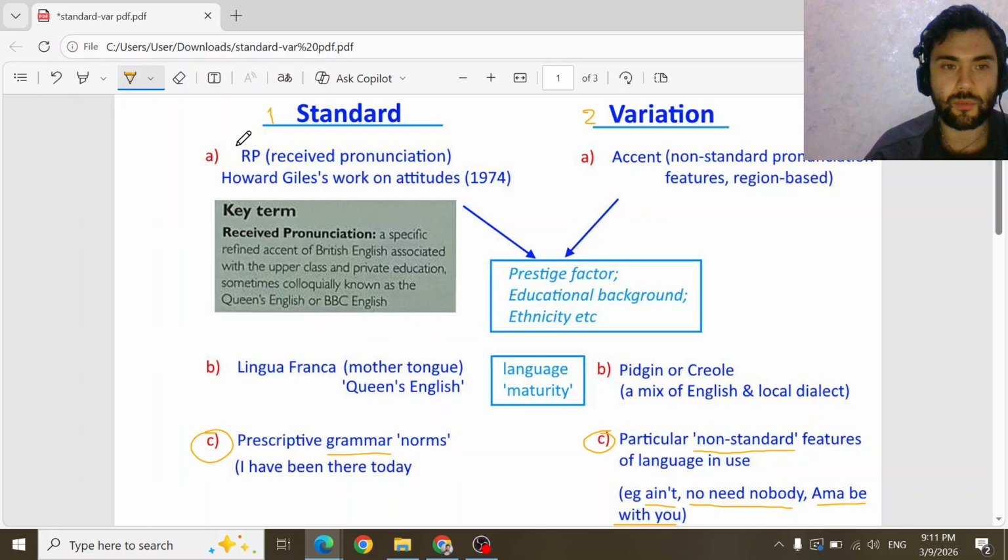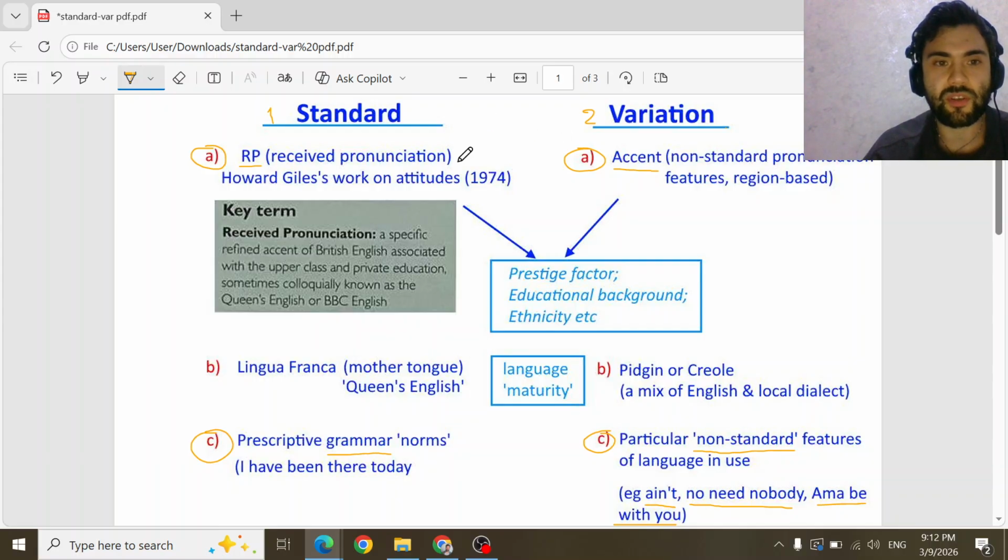And when we move on to the A point, we in particular can speak about the layer of phonetics and phonology. The key terms here in relation to phonetics and phonology are received pronunciation and accent for a variation.